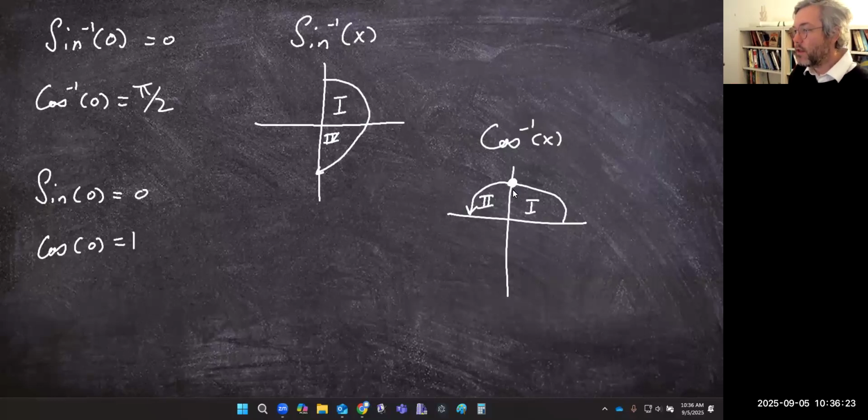Even though there is a spot over here in which the cosine is also 0, 3 pi over 2, it's also true. But we made the decision that it's only valid in regions 1 and 2, not in 3 or 4. So that's why this is pi over 2.